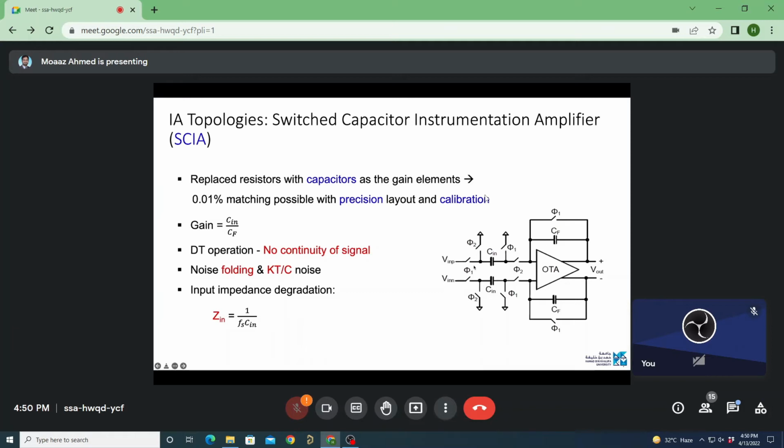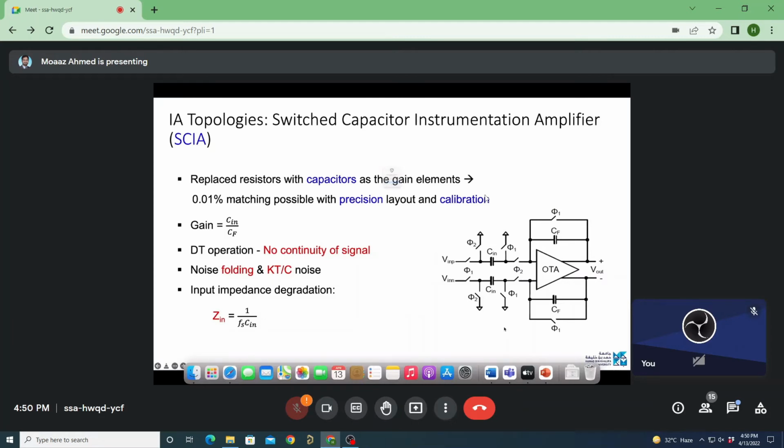Either you use two of these amplifiers in a ping pong fashion, like in parallel operation: during one phase when the upper amplifier is conducting signal, the lower one is sampling the offset. In the next phase, the lower one will be doing the signal amplification and the upper amplifier will be sampling the offset. So by using two of these in parallel, we can get rid of this non-continuity problem and have amplification of the sensor signal.